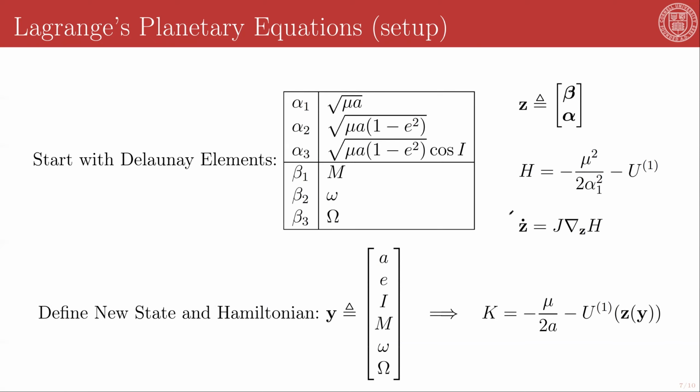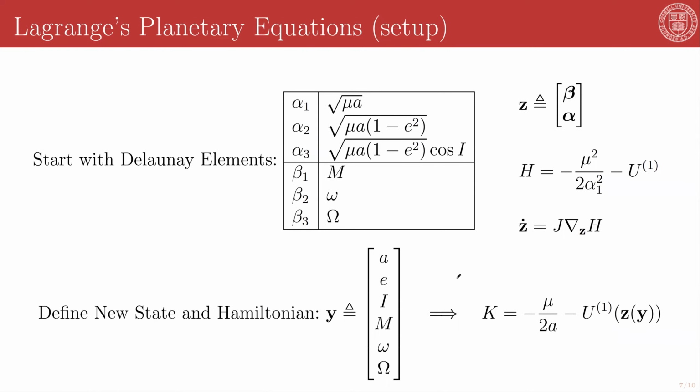And because this is a fully canonical coordinate set, we can write z dot is equal to symplectic matrix J times the gradient in z of H. Our new state will be the Keplerian elements, a, e, i, M, omega, capital omega, which means that our transformed Hamiltonian will be the energy term from the original Hamiltonian, now written in terms of the semi-major axis, because that's one of our new coordinates, minus the transformation of the perturbing potential, U1, written in terms of z as a function of y.